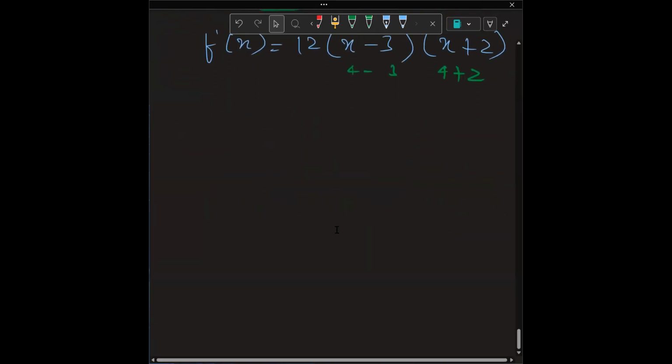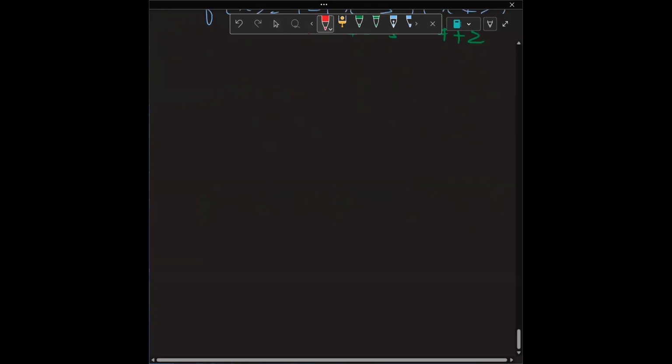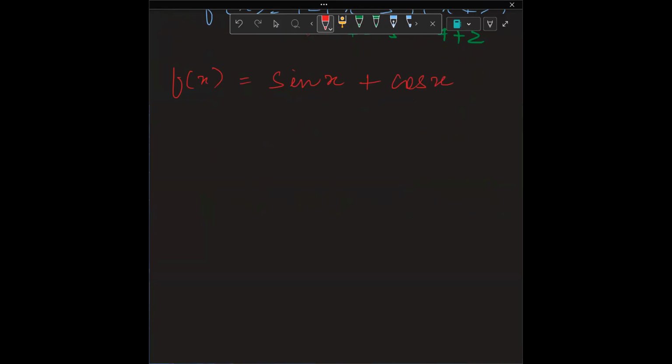Let's move to another question, a little interesting. Your f(x) is sin x plus cos x, and you have to find the intervals on which this function is increasing or decreasing, and your x is given as greater than 0 and less than 2 pi.